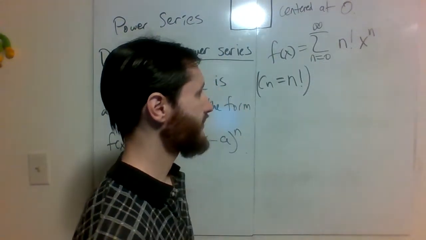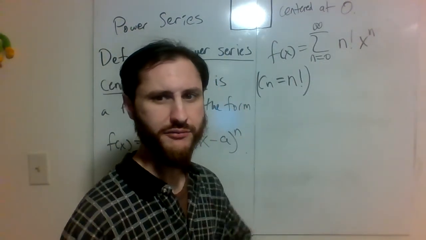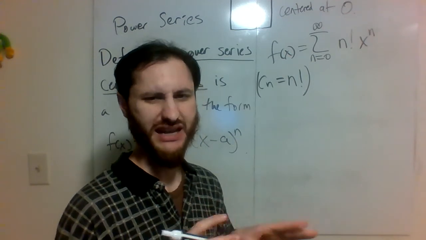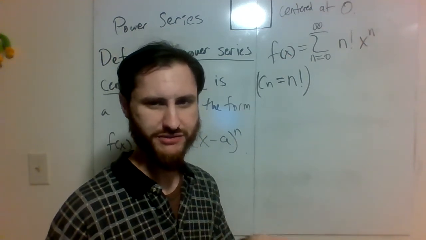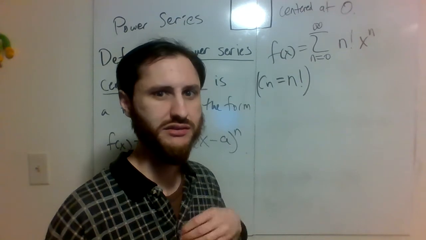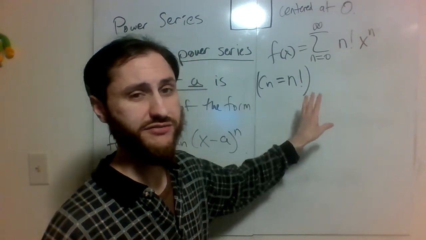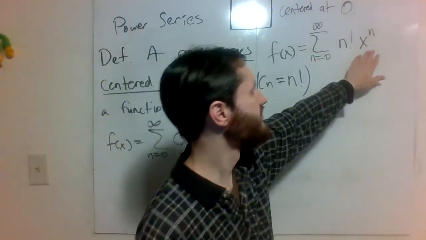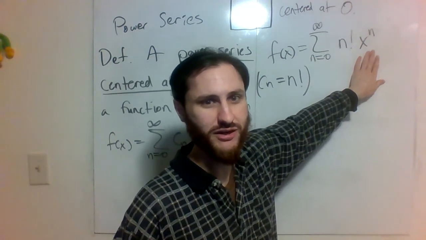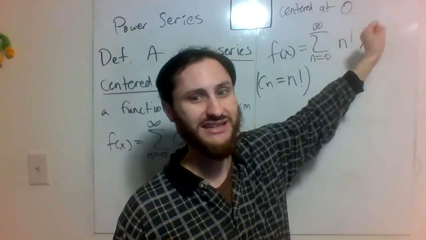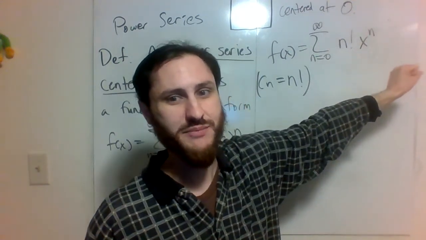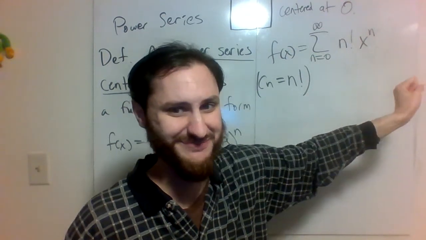Okay. So I do realize we kind of have two variables competing for our attention. We have x and we have n. So obviously, if x equals 0, then this definitely converges. Everything is 0. If you sum up infinitely many zeros, you get 0.